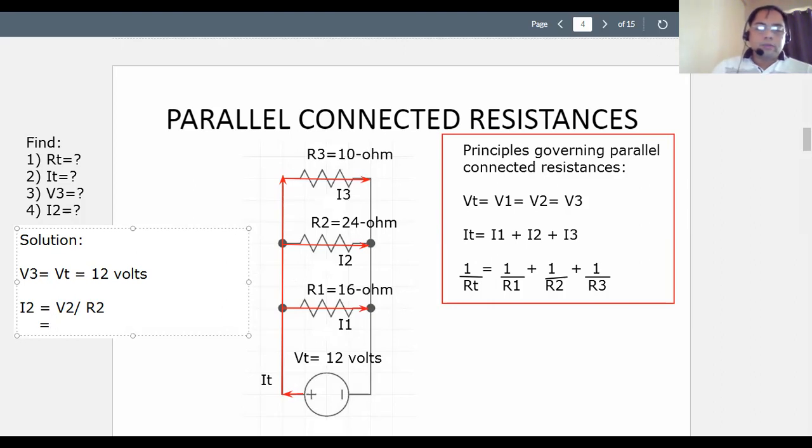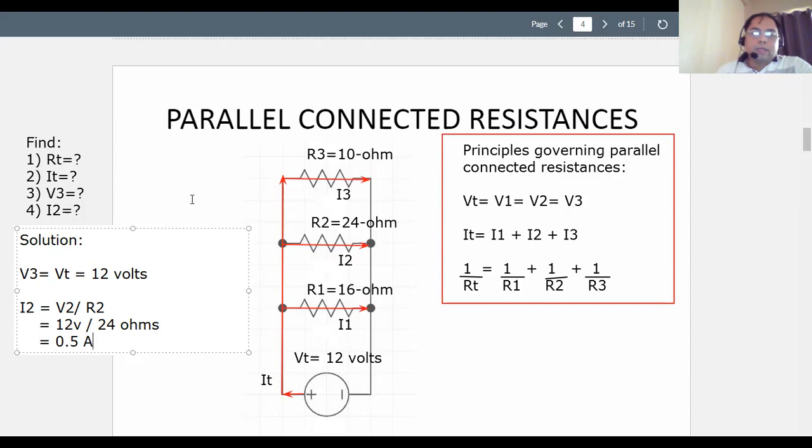Since V2 is 12 volts, and if we divide it with R2, which is 24 ohms, 12 over 24 is half. So we can say that there's around 0.5 amperes of current for I sub 2. So that's one value.